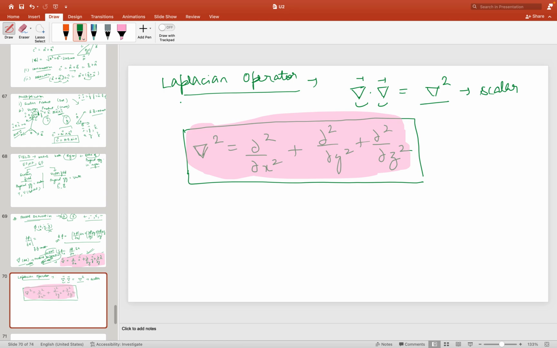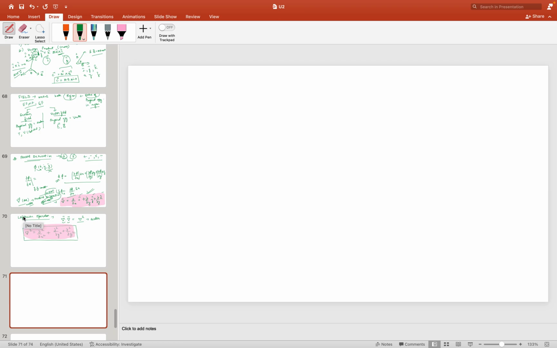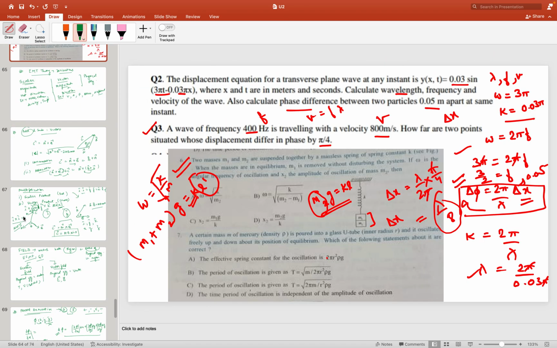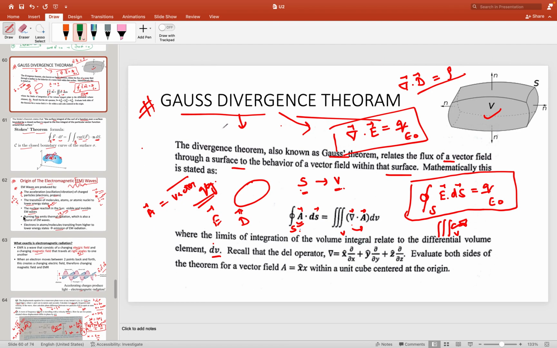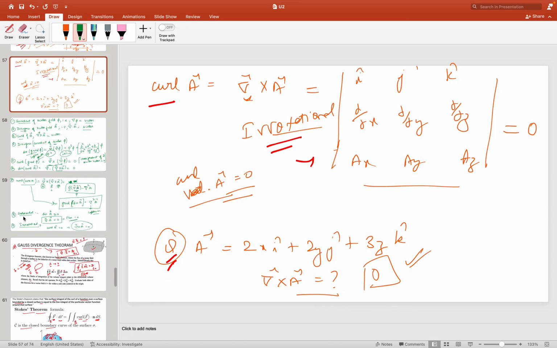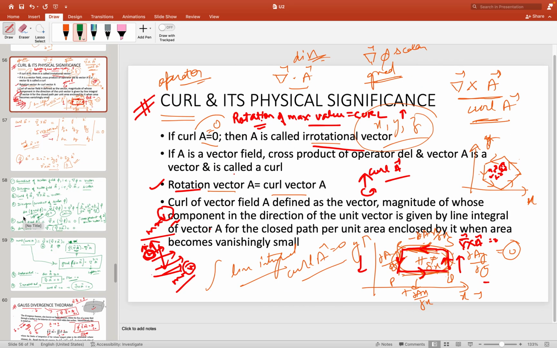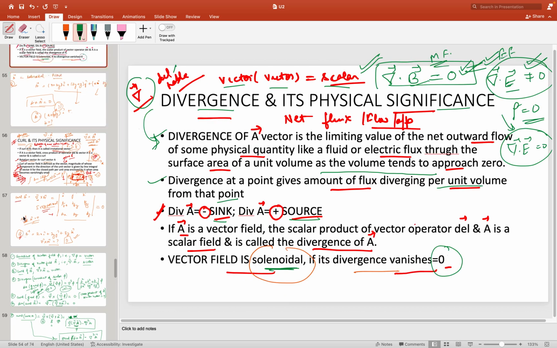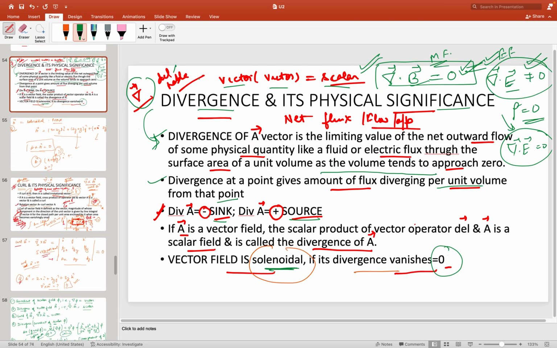Now, let us come to some other concepts. I will be introducing you to some new terms that are gradient, divergence, and curl.